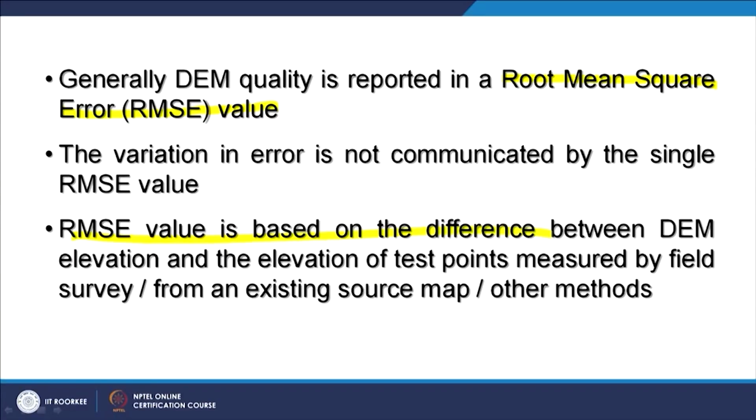A single RMSE value will give you some idea about the inherent errors in the data set, but may not be sufficient. RMSE, as you know, is based on the difference between the DEM elevation and the elevation of test points or true values measured by field surveys or from an existing source map or other methods.